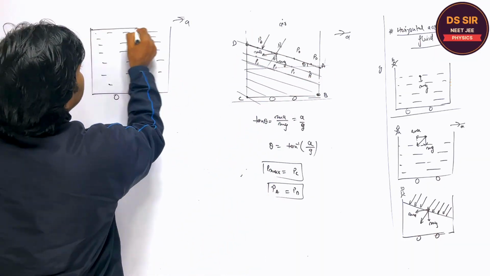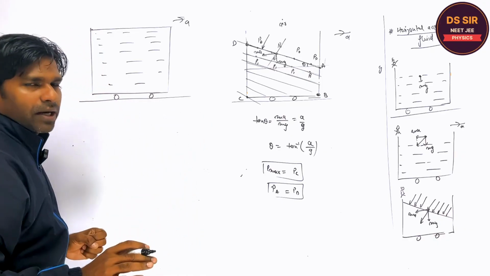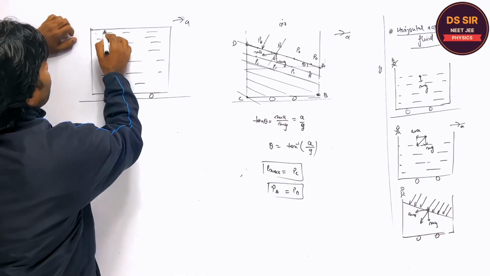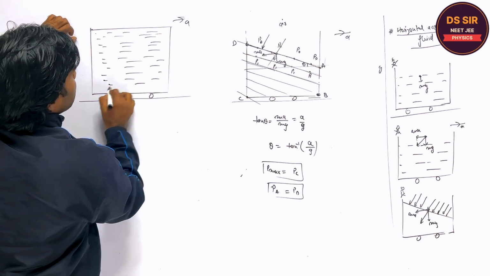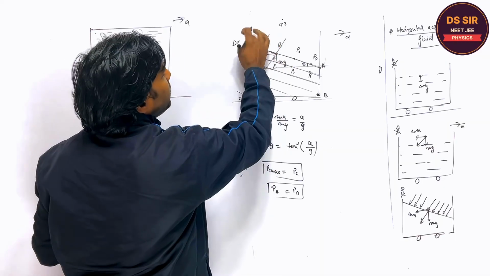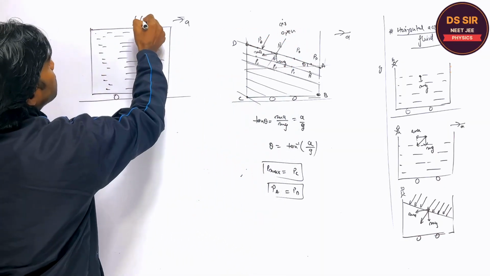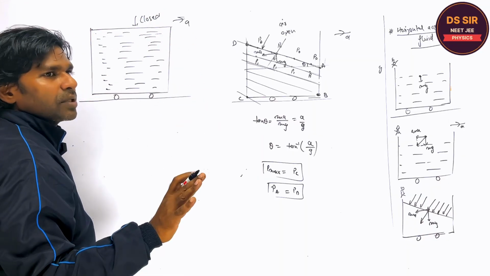But suppose the tank is covered and no water can move out of it. So what will the surfaces of the liquid be? They will be at some angle in this way only when it is open. If it is closed, the surface will be horizontal only. Is it clear or not?